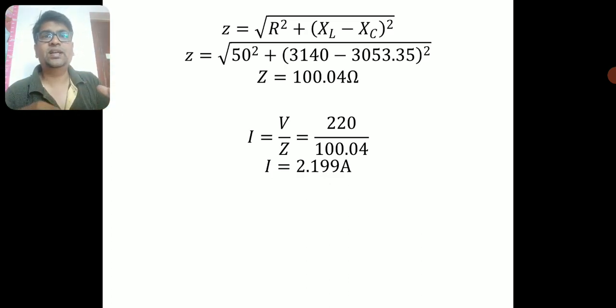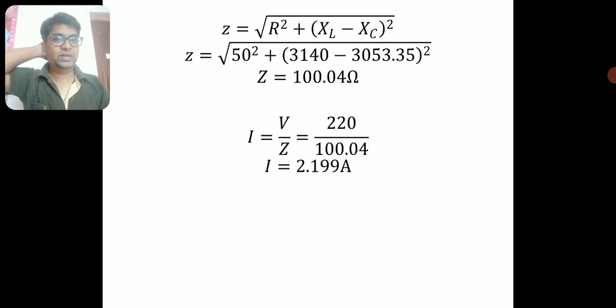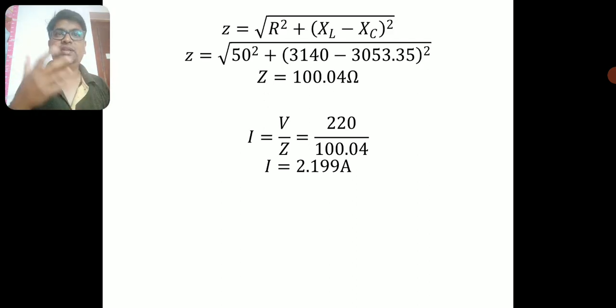If you take Z, you are taking into account all three components in the circuit for finding the current. So I is equal to V by Z, which is 220 by 100.04. I got the value of current as 2.199 amperes. That was the current flowing in a series LCR circuit.